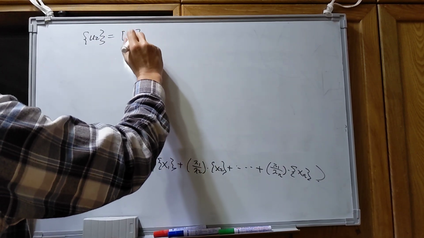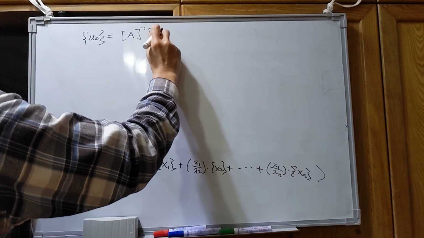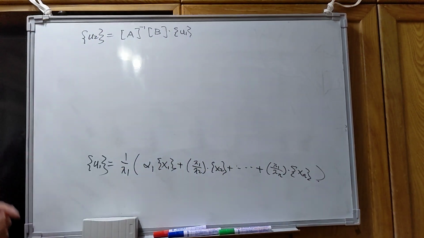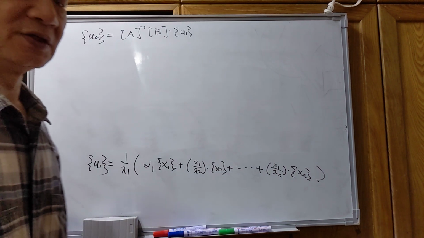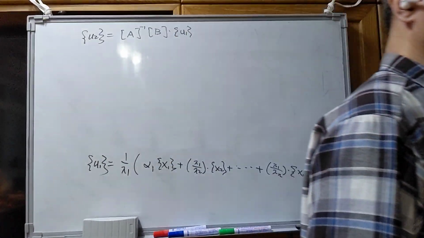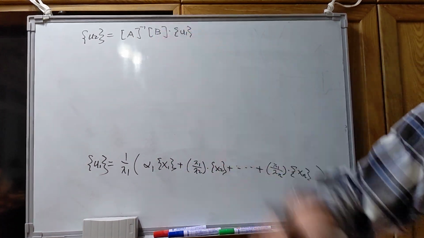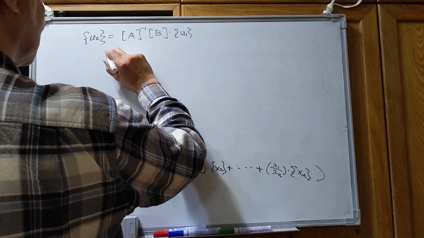The u2 vector is equal to the A inverse B times u1. Then we can replace this formula into these equations.